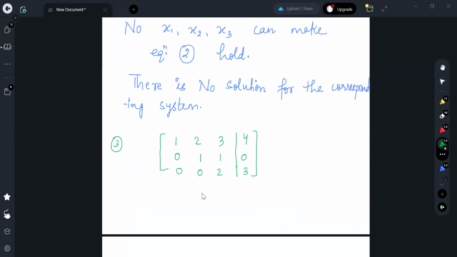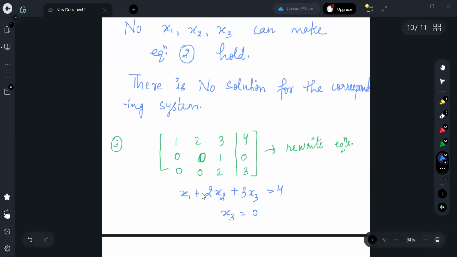I have x2 plus x3 equals 0. This system could have solutions, right? Just to distinguish between the two cases, which are very similar, but not quite, when I rewrite the equations, I have 2x2 plus 3x3 equals 4, and I have x3 equals 0, which is very valid.